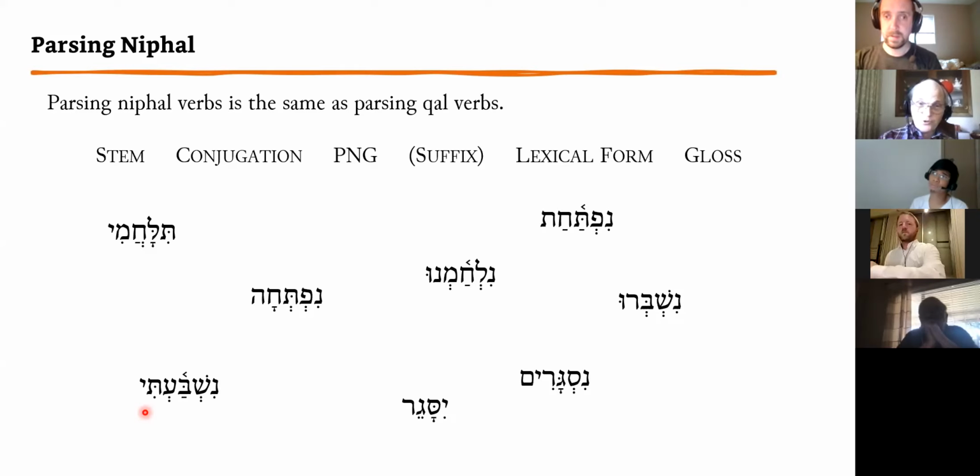First person, singular. And common gender, right? First common singular. Yes. The lexical form will be shava. And the gloss will be I vowed or I made a vow. Yes, I have sworn, right?